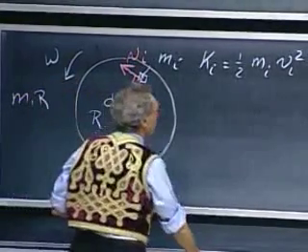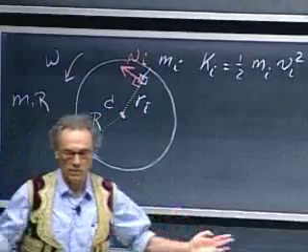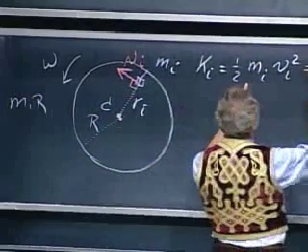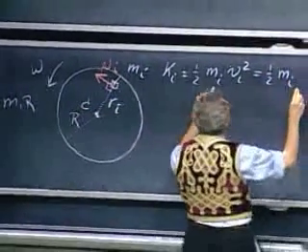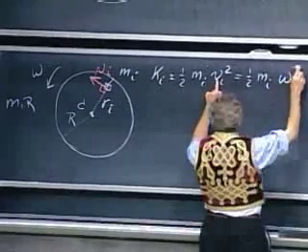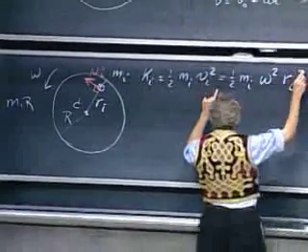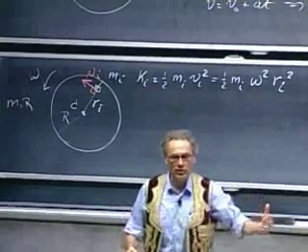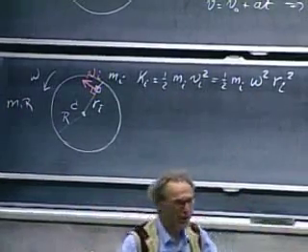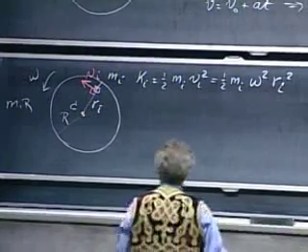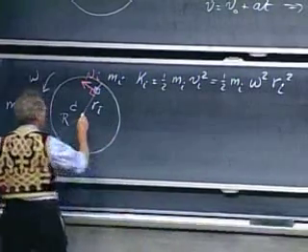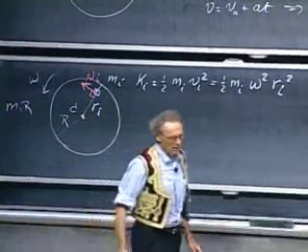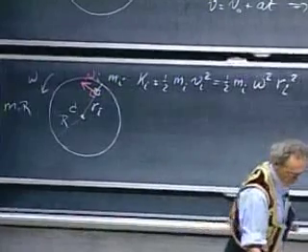Now v equals omega r, that always holds for these rotating objects, so I prefer to write this as 1/2 m of i omega squared r of i squared. The nice thing about writing it this way is that omega, the angular velocity, is the same for all points of the disk, whereas the velocity is not. The velocity of a point very close to the center is very low, while the velocity here is very high. By going to omega, we don't have that problem anymore.